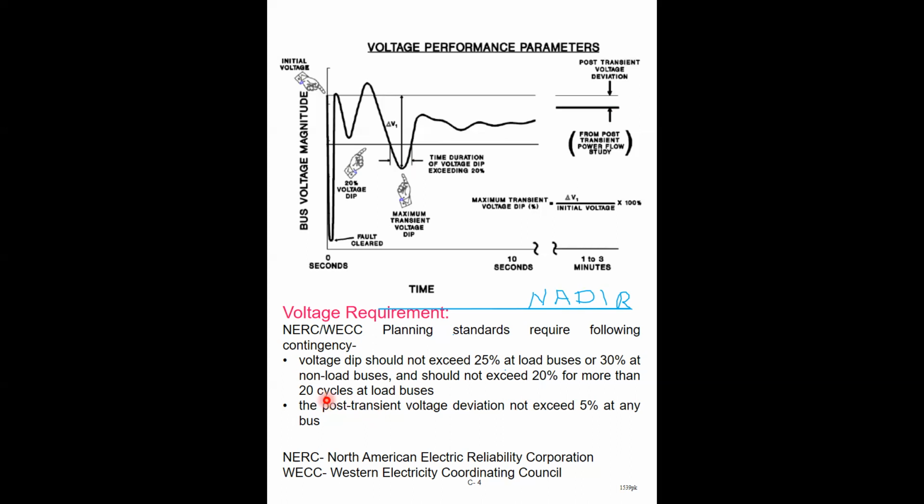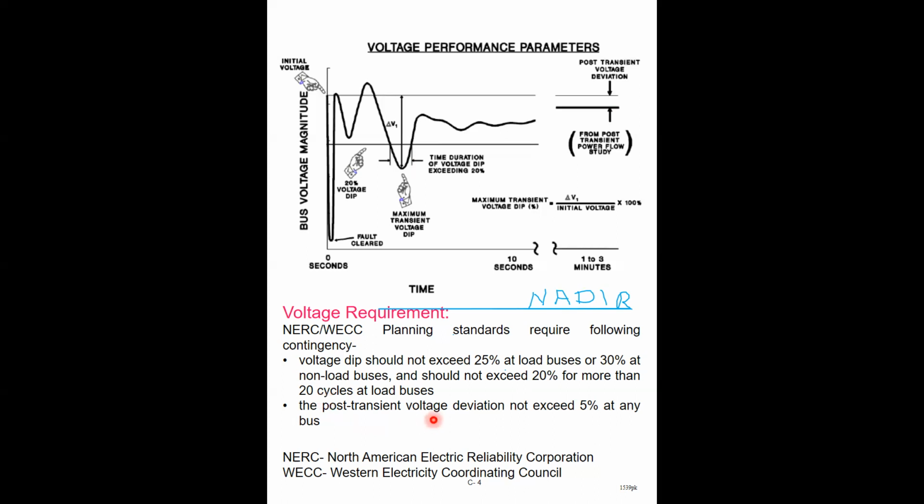At 50 hertz, one cycle is 20 milliseconds. So 20 cycles into 20 milliseconds, so 400 milliseconds. Yeah, less than half a second.